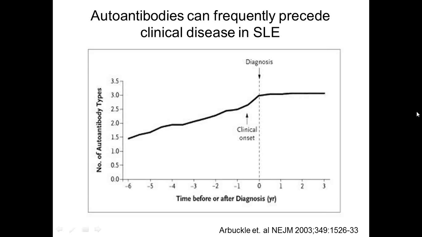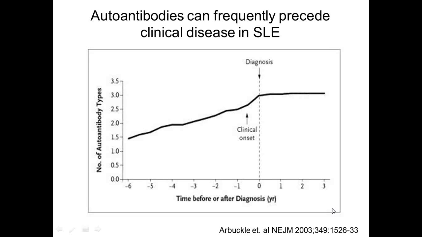And so that could provide this sort of valuable window going backwards. In the medical clinics, we see people when they have symptoms, and it's probably already too late to get a sample before disease because it's people already coming with symptoms. But using these blood bank samples, they could actually look a number of years before. And so it looks like the autoantibodies come up years before diagnosis.